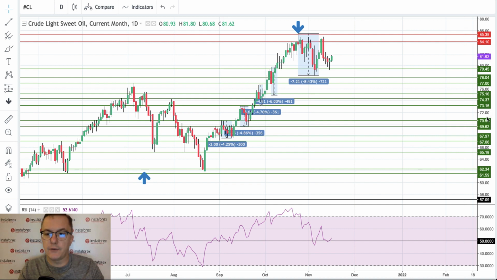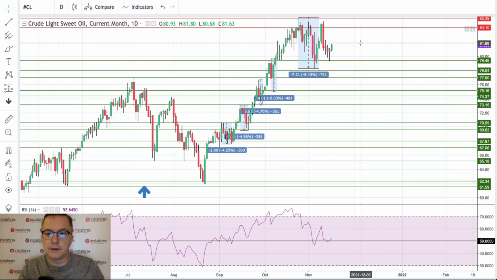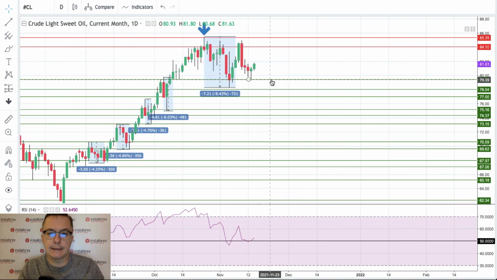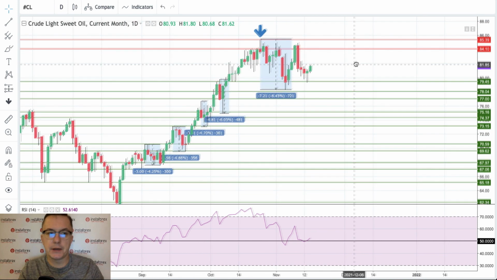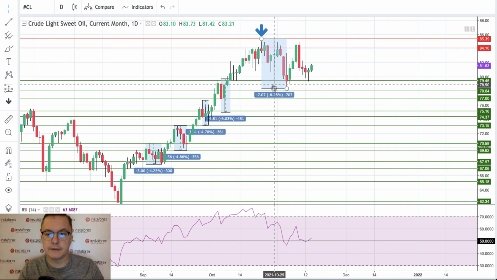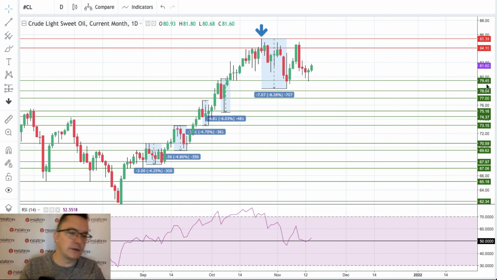It looks like for now this rally is a temporary pause, and we should expect a further consolidation into this area. Let me just adjust my chart. There you go. 8.28% decline, bounce, bearish engulfing, bounce again from 79.45.